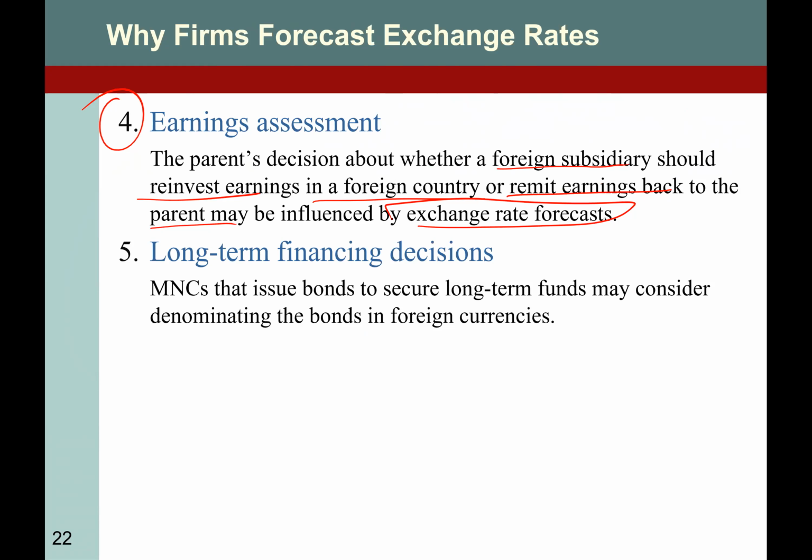For example, if the yuan and dollar exchange rate is not good, then Apple Corporation may say, look, you don't need to send back profits to the US parent company, just keep those earnings in the Chinese banks. So when the exchange rates are favorable, then just remit all those earnings to us.